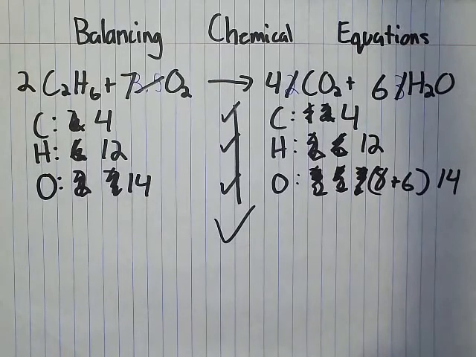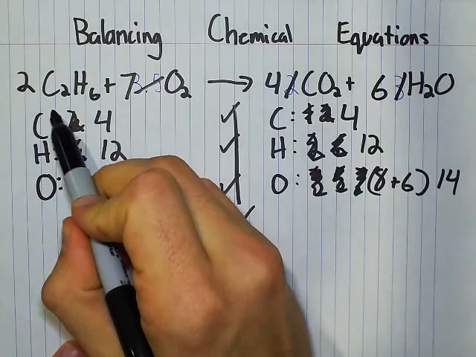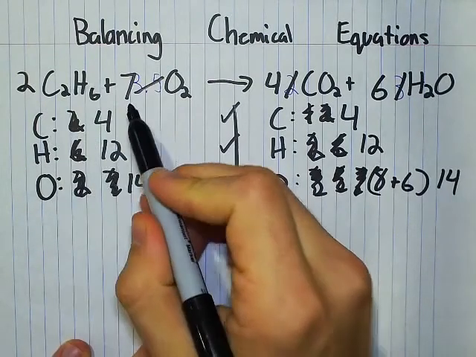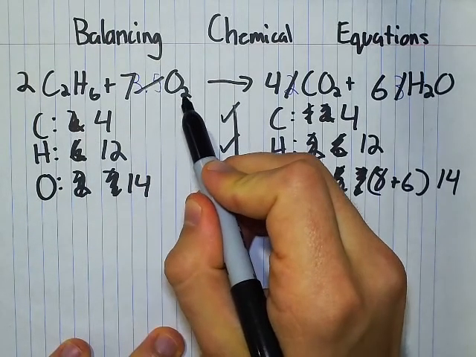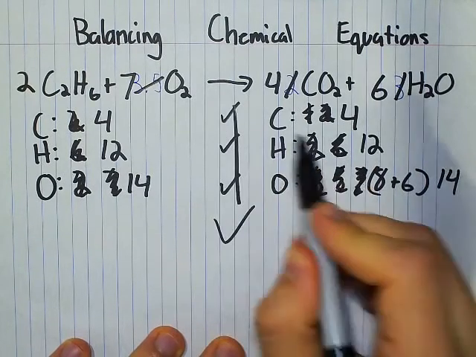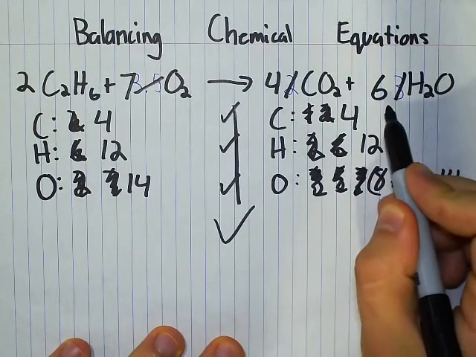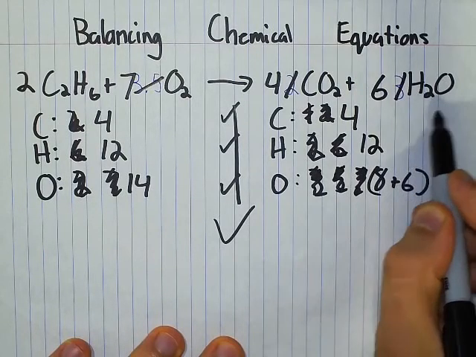And one last thing, what this means is that it takes 2 molecules of ethane and 7 molecules of molecular oxygen to yield 4 molecules of carbon dioxide and 6 molecules of water.